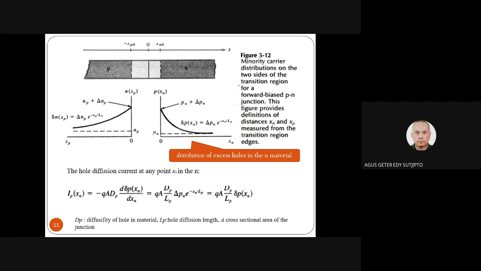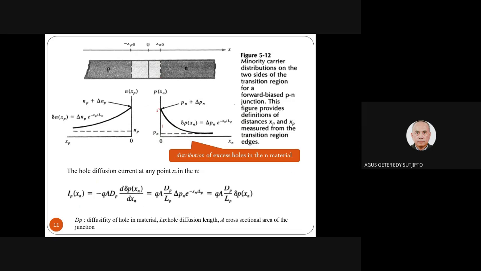concentration of holes in the N region, it can be illustrated in this figure. When we have a PN junction and the depletion region, the edge of the depletion region in the N region is at xn0. This is xn0, and this is the highest concentration of holes in the N region, because of applying the forward bias voltage. So we have Pn in equilibrium plus delta Pn.